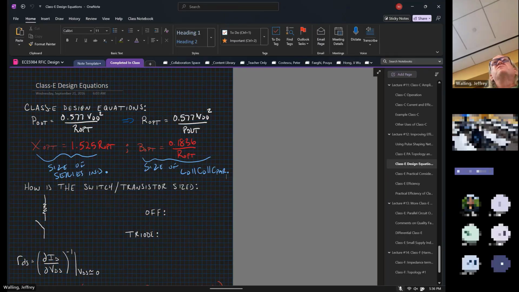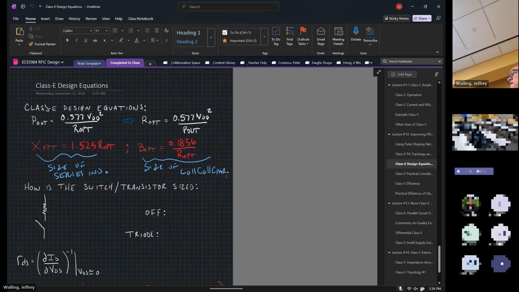The transistor itself is going to be fairly large. Typically, if you're trying to get a lot of output power, it's going to be on the order of a few millimeters of width at a minimum length. So it's going to naturally come with quite a bit of capacitance, but you still might need to add some extra capacitance in order to achieve the optimum susceptance at your switching frequency.